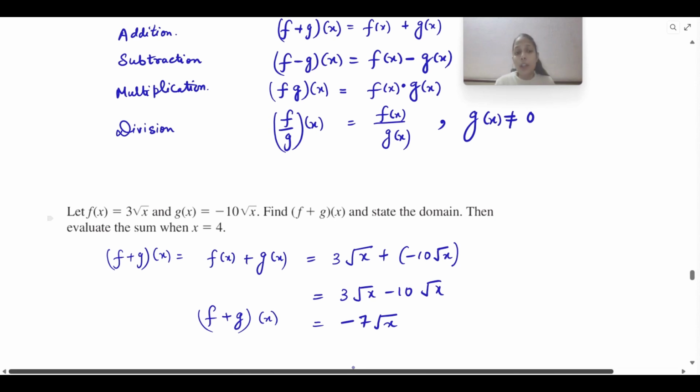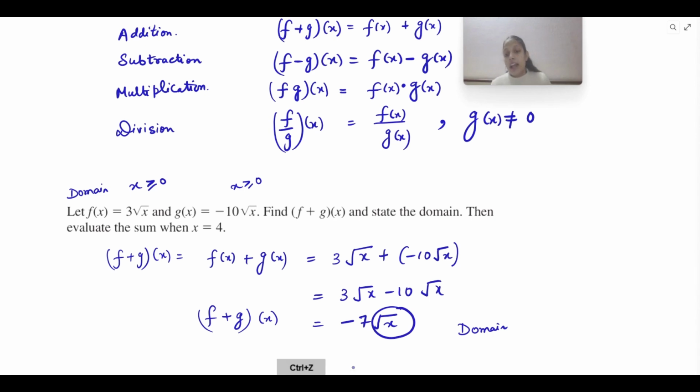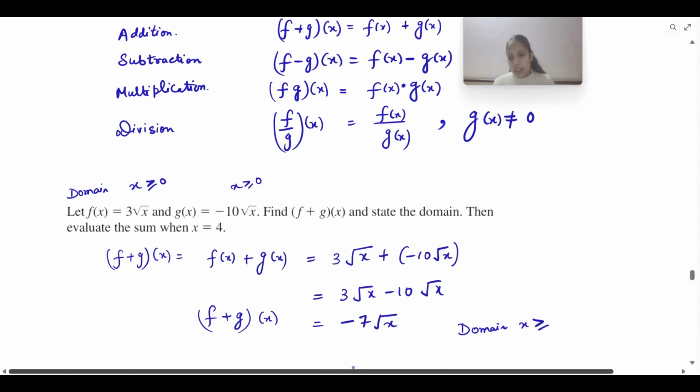What was the domain of f? Domain of f was x greater than or equal to 0. Domain of g is also x greater than or equal to 0. After addition, I got this, and that has a domain again x greater than or equal to 0. So basically, what is the difference between the new domain and the original functions?